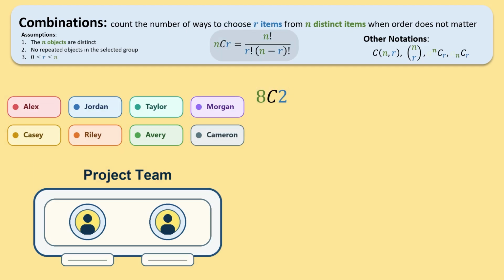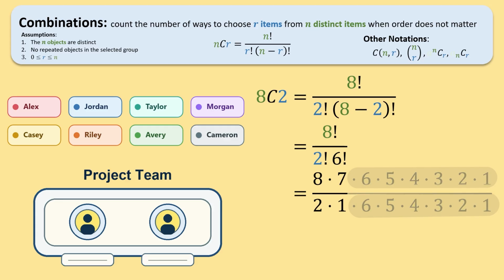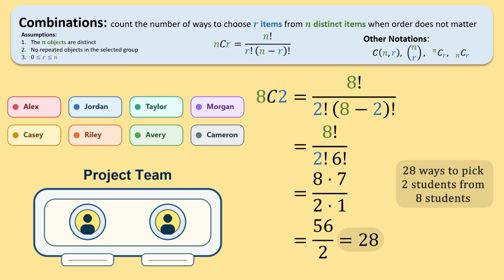Using the formula, we get 8 factorial divided by 2 factorial times the quantity 8 minus 2 factorial, which is 8 factorial divided by 2 factorial times 6 factorial. The 6 factorial cancels the unused tail of 8 factorial, leaving 8 times 7 over 2 factorial. So we get 56 divided by 2, which is 28. There are 28 different subsets of 2 students we can choose from a pool of 8 students.